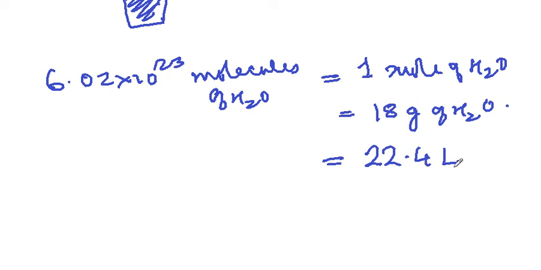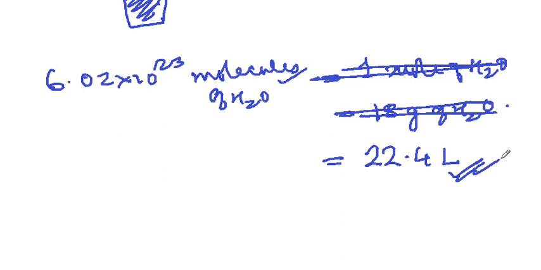Since they are asking us to find the volume, we are going to cancel this out. We don't need this, so we don't have to use it. According to the situation, you use them wisely. Since we need the molecules and we need the volume, as per the given condition of the problem, we are going to proceed.